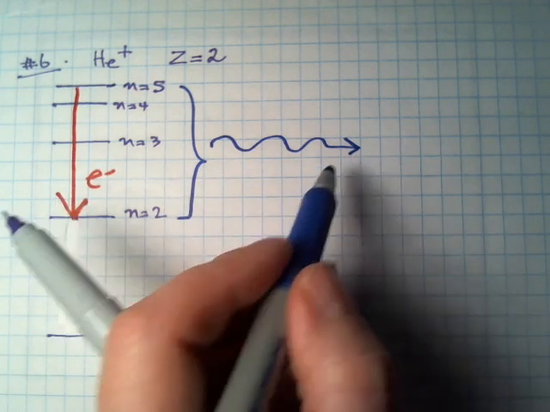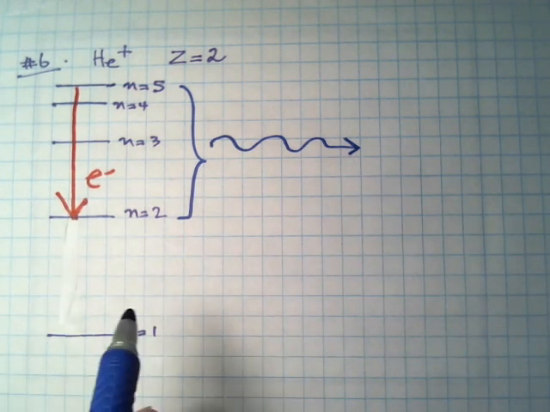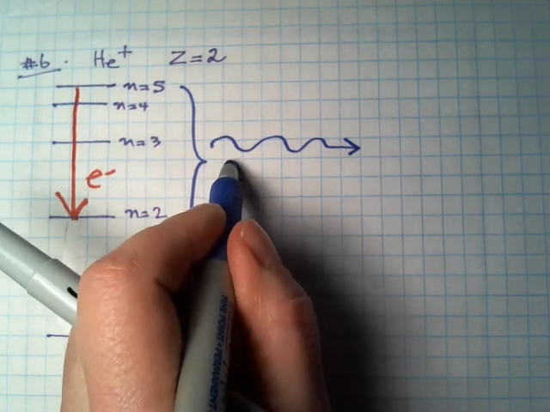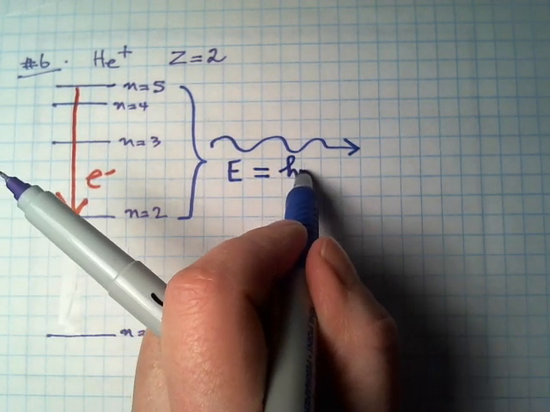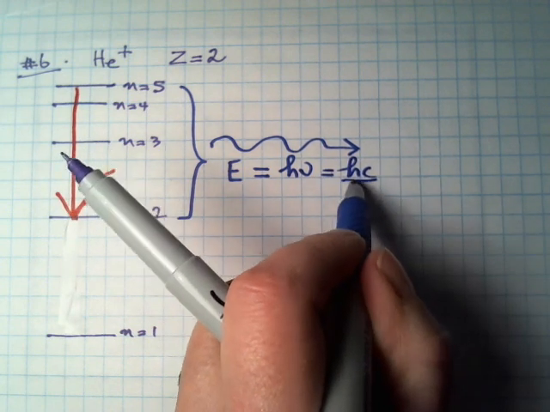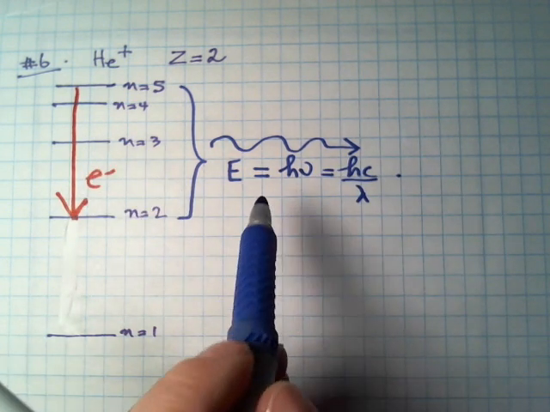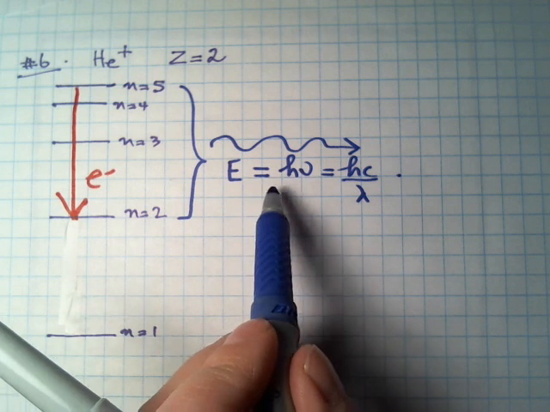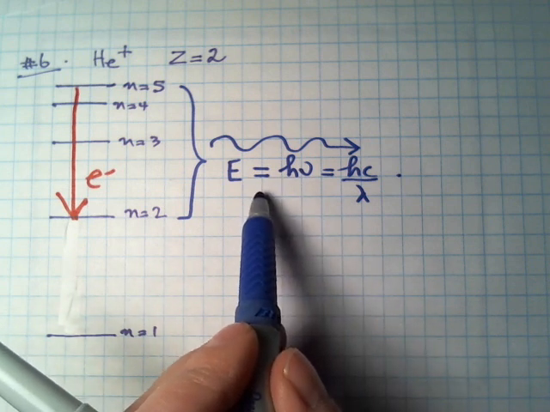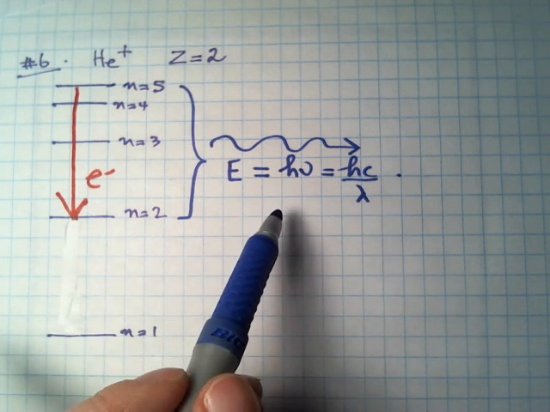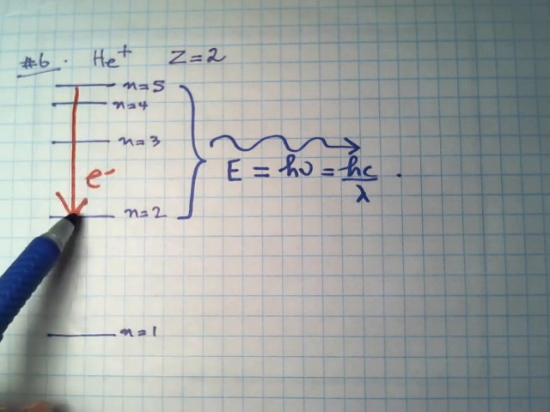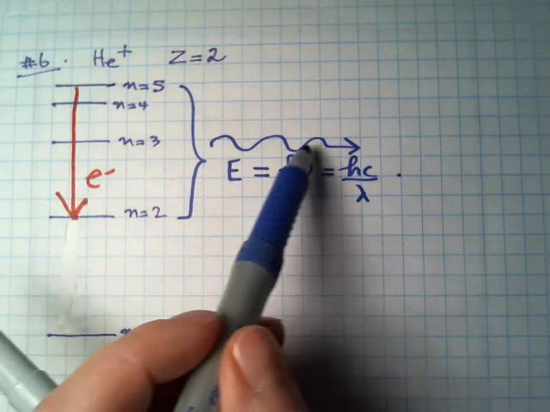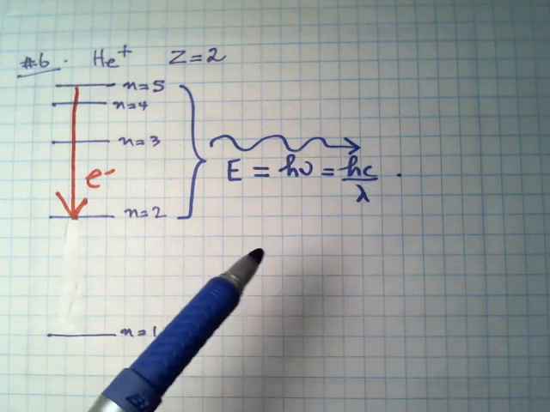And it's being released as light, and light is composed of photons, and each photon has h nu or hc over lambda amount of energy. But this formula at the moment is really not serving me, because the information that I know is that the electron started here and fell down here. And of course, this formula doesn't have anything to do with n.